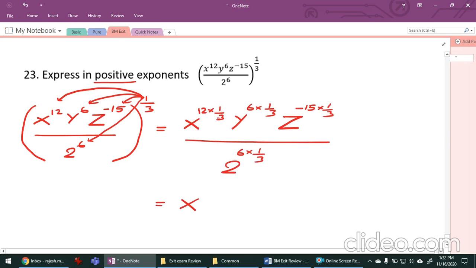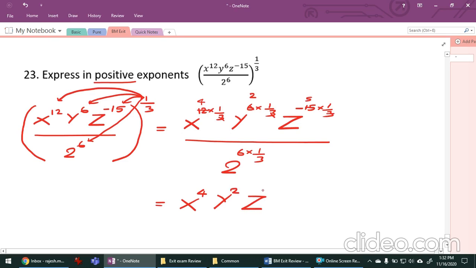You know that 3 and 12 will cancel. What is the answer? 4, because 4 into 3 is 12. So you have 4. Y power, you know that 3 and 6 will cancel. Answer is only 2 because 3 into 2 is 6. So here 2. Z power, you know 3 and 5 is 15.